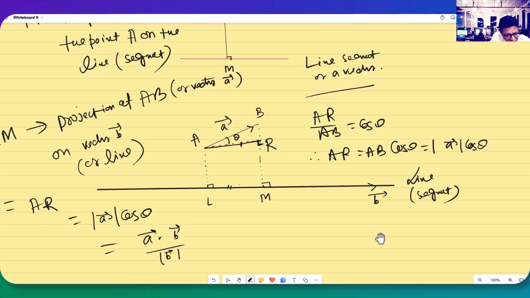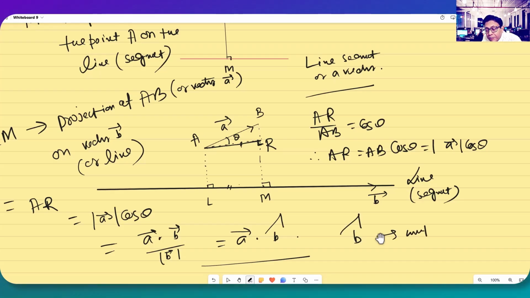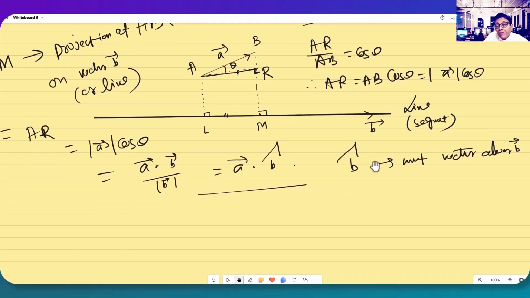This is just, I remind you, what you have done in dot product, that is A dot B cap. B cap is what? That is unit vector along the vector B. So length of projection of vector A on vector B or the line whose part is this directed line segment or only line segment is given by A dot B cap.